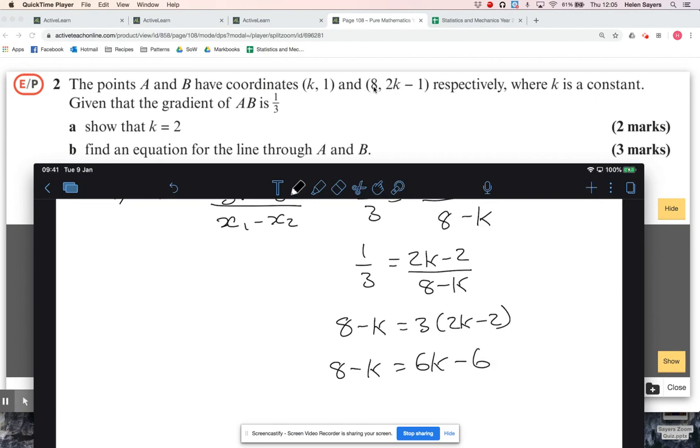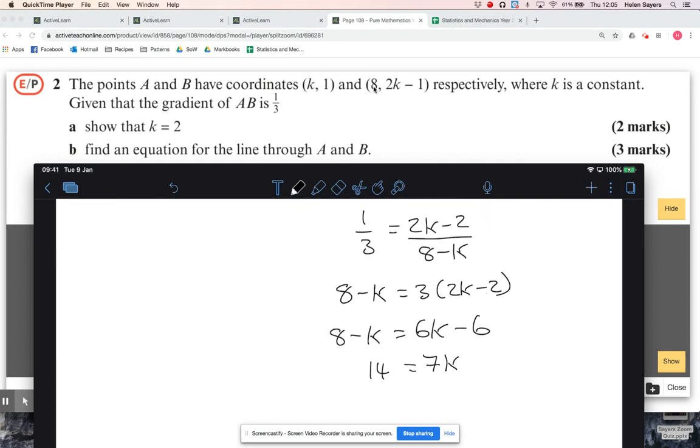Make sure I have definitely clearly shown where everything comes from. So if I add the 6 over and add the k over, I divide through by 7. I get k is 2, and it was a show that question. So I'm just going to finish it off and say as required.